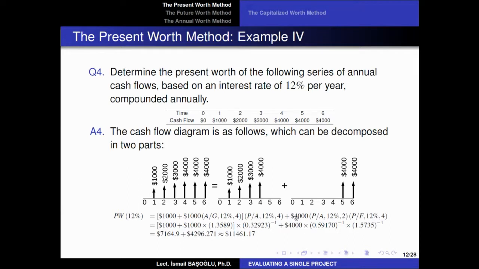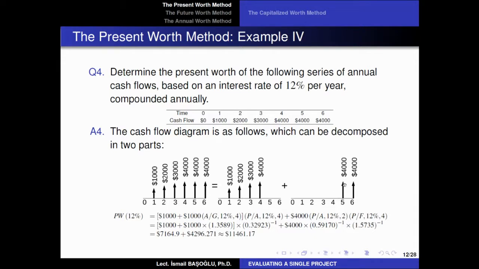So by multiplying this $4,000 with P over A, we are going to calculate the present worth of this uniform series at the end of the 4th year. So these 2 years of uniform series by the end of the 5th year will be discounted to the 4th year by multiplying $4,000 with a uniform series present worth factor under 12% interest rate for 2 years.